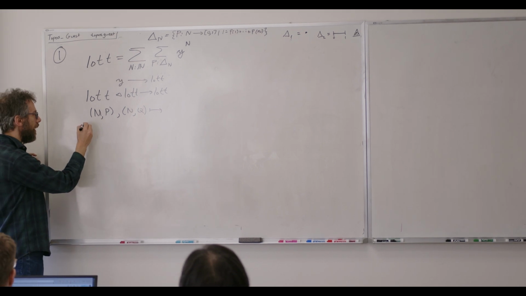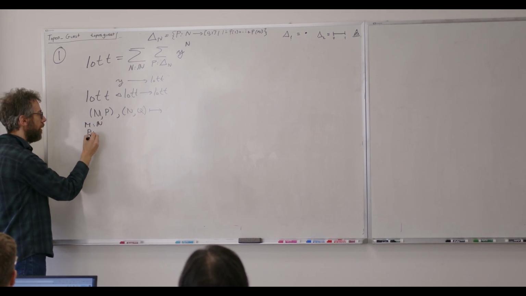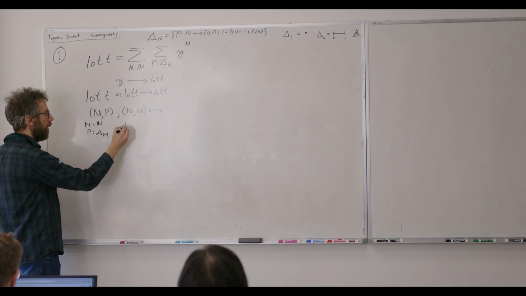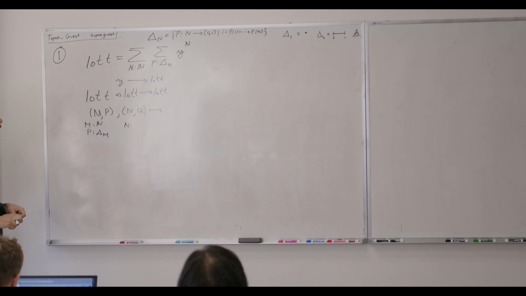So what is the type of M? M is a natural. What's the type of P? P is of type delta M. What's the type of N? N is not the naturals.